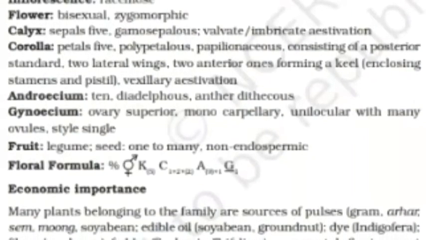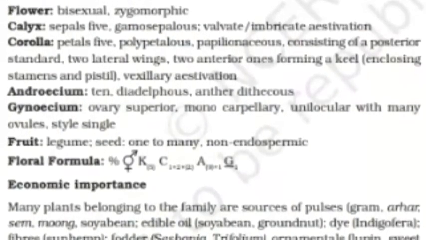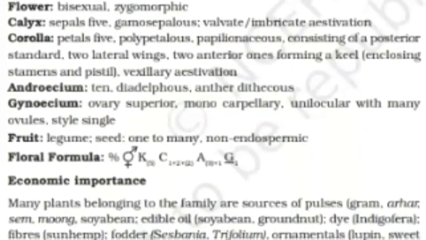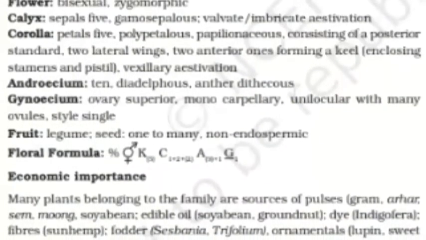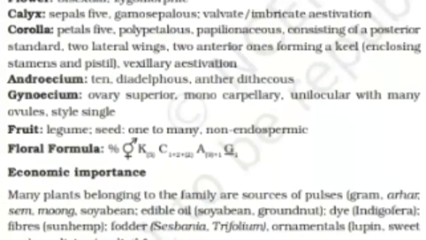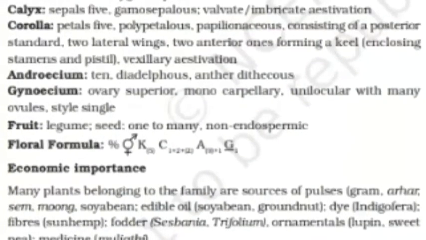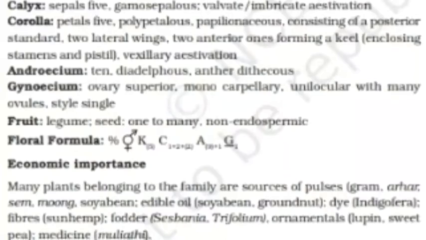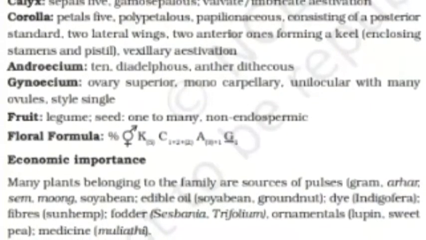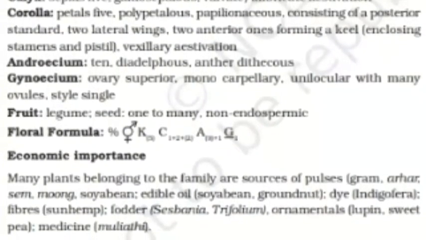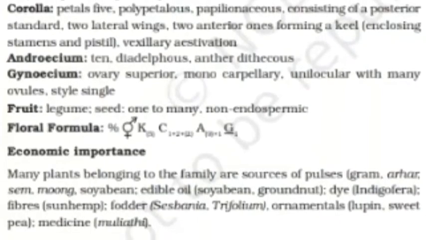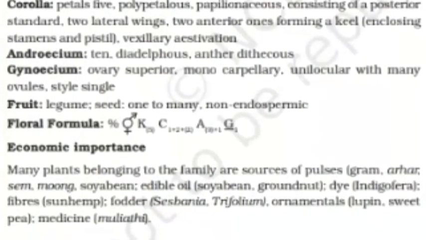Corolla petals 5, polypetalous, papilionaceous, consisting of a posterior standard, 2 lateral wings, and 2 anterior ones forming a keel enclosing stamens and pistil. Vexillary aestivation.